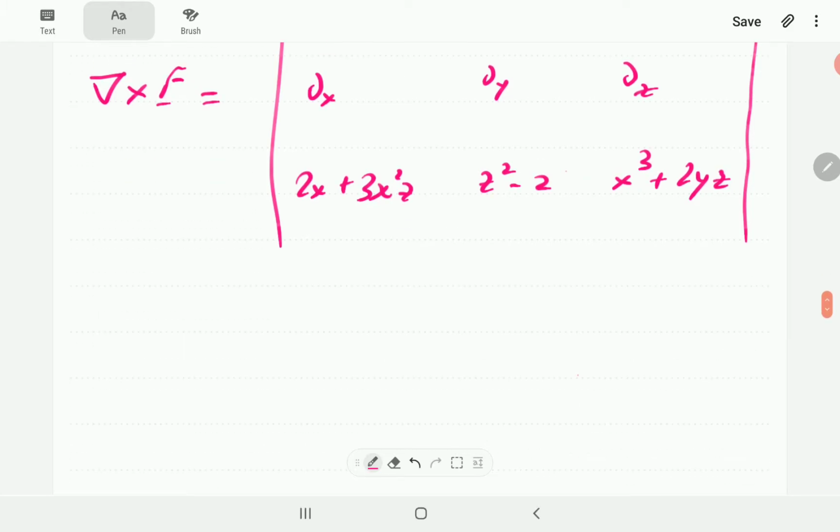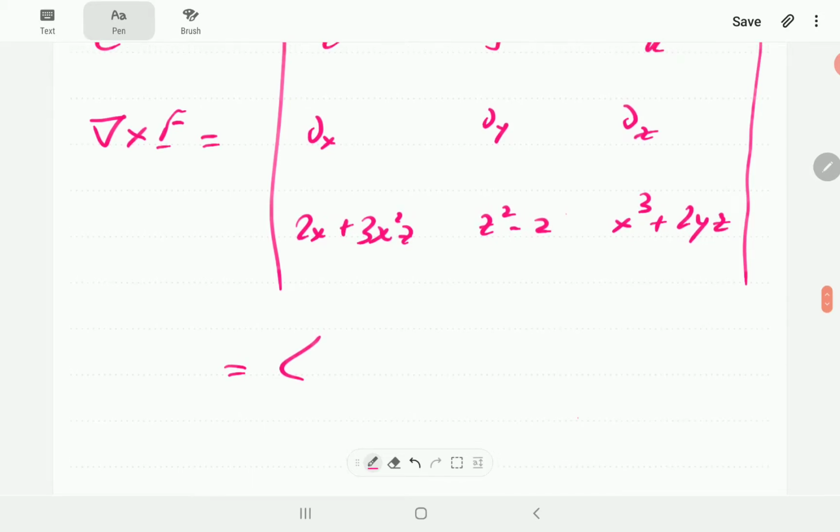So we want to work out the determinant of this. The first component is going to be the partial derivative of this with respect to y, so it's going to give us 2z, take away the partial derivative of this with respect to z, so that's 2z as well. Then we're going to have the partial derivative of this with respect to z, that is going to be 3x squared.